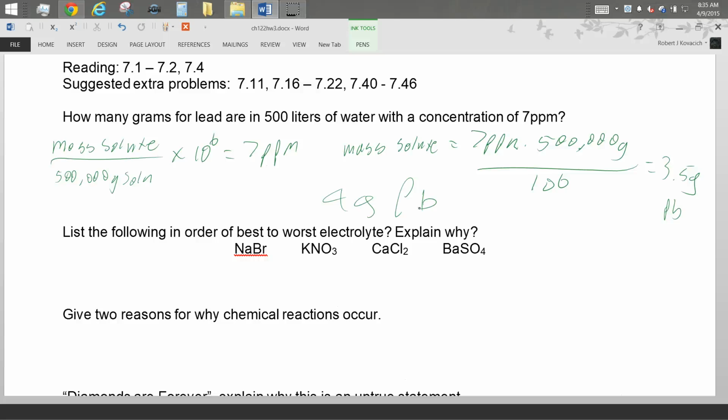Cumulative. Acute would mean I got so much lead in my water that I drank it and I died, like right then and there. This is, I drink it and then it builds up in my body over time, and then it causes either nerve problems or cancerous problems. So the 7 parts per million, even though this doesn't seem like a lot, I mean 500 liters of water, how long would that take you to drink?